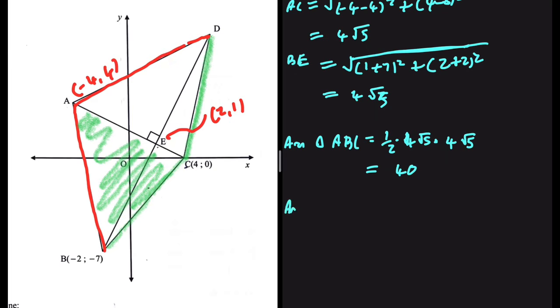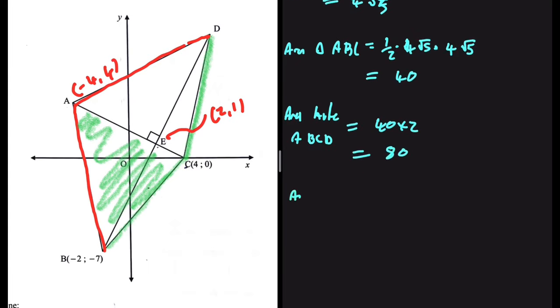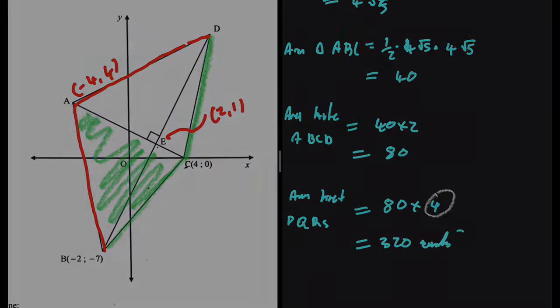So the area of our kite ABCD will be equals to 40 multiplied by 2, which is 80. And now the area of our kite PQRS will be equals to 80 multiplied by 4 and not 2. This is equals to 320 units squared.